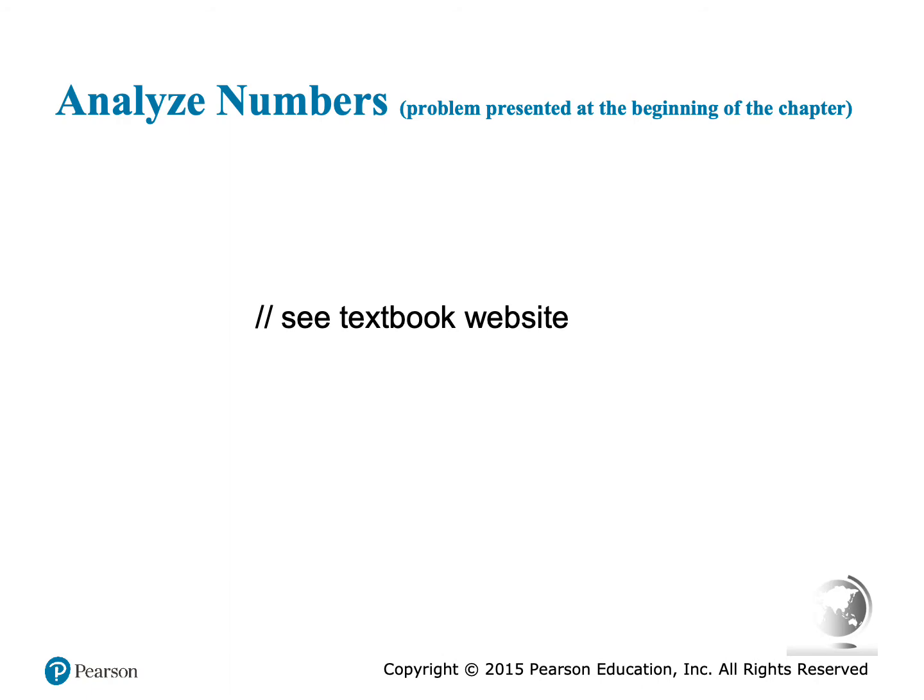Please refer to your textbook online resources to view the code and simulation for Case Study 7.3, Analyze Numbers. This case study finds the number of items above the average of all the items in the array. The user enters the number of items in the array and then enters the values for those items.